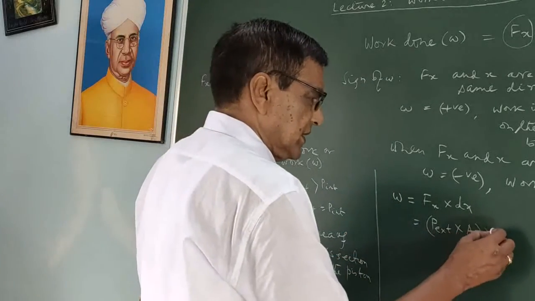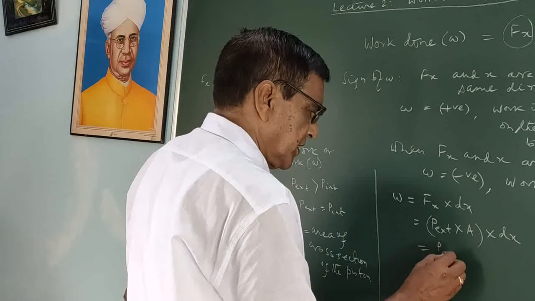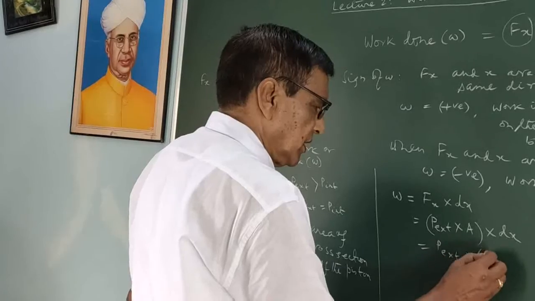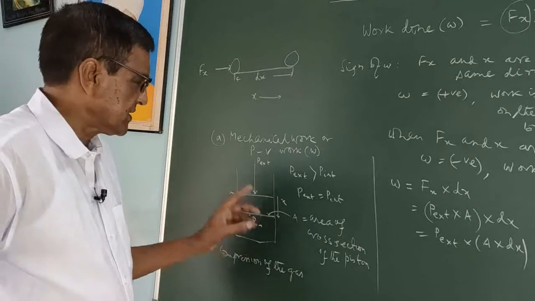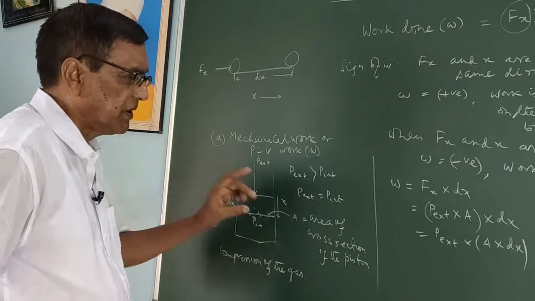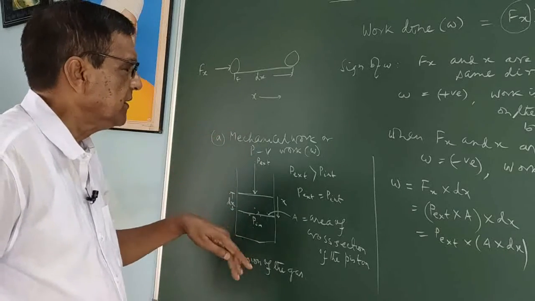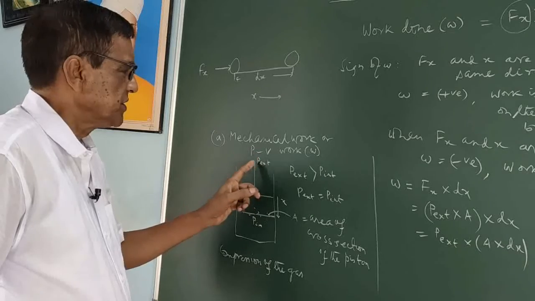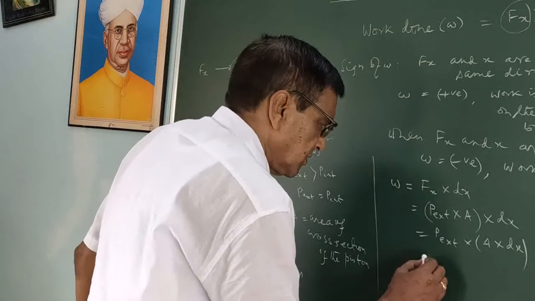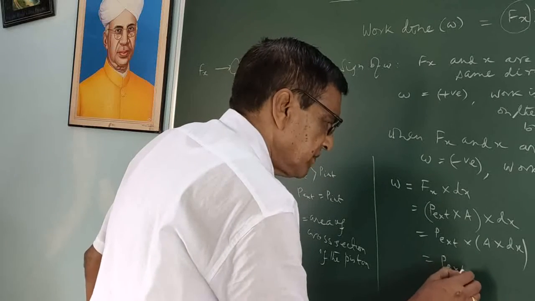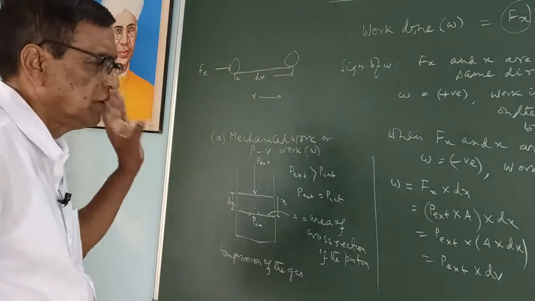So W equals P external into A into dx. A, the area of cross section, times dx, the displacement, gives the volume change that occurs by the application of this external pressure, given by the surroundings. So W equals P external into dV, where dV is the volume change.